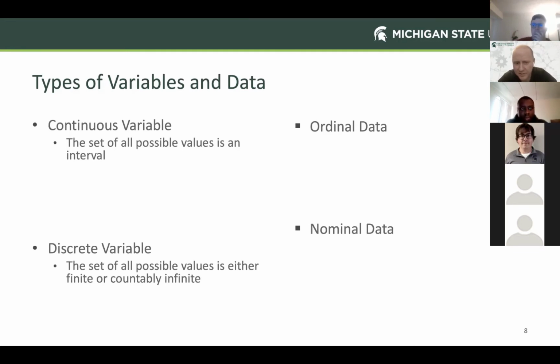In contrast, a discrete variable is one where we have a finite number of values that can be observed, or at least a countably finite number. And so as an example, when we think about discrete variables, a lot of times this comes into play in choice situations. So in normal times, I would have driven into work today.